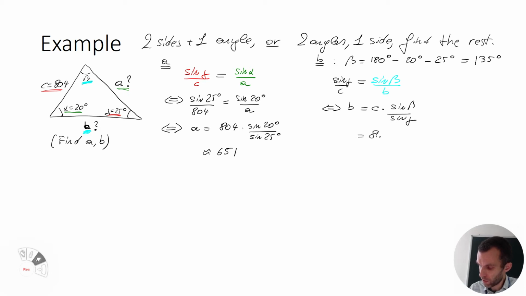So that's 804 times sine 135 degrees divided by sine 25 degrees. If you work that out, you calculate it, you get that this is approximately, so it's not an exact number, but it's approximately 1345. So that's one example, and it's typically how this formula works.